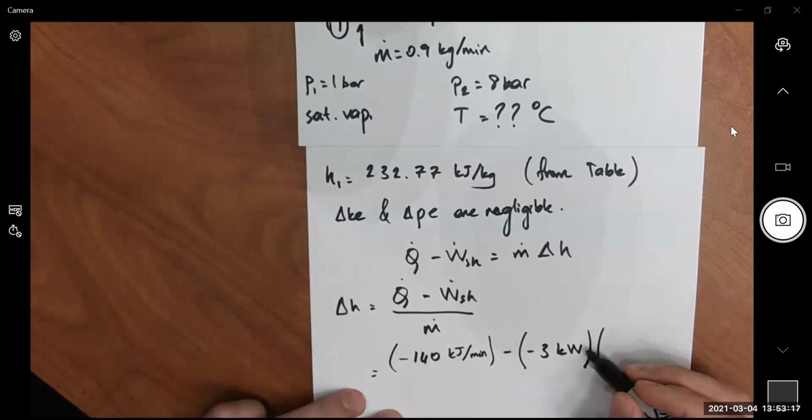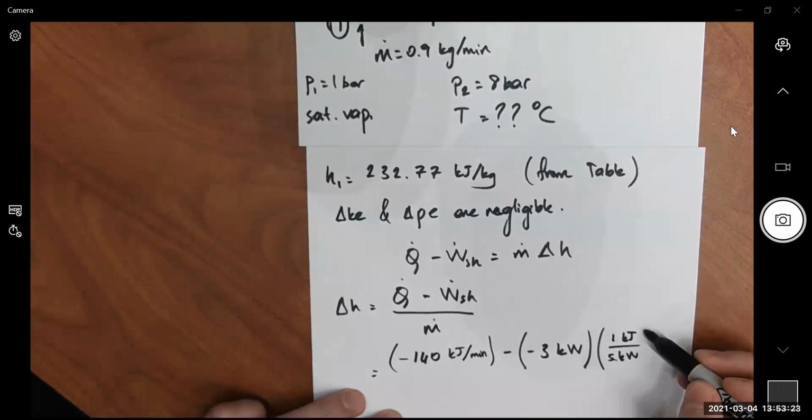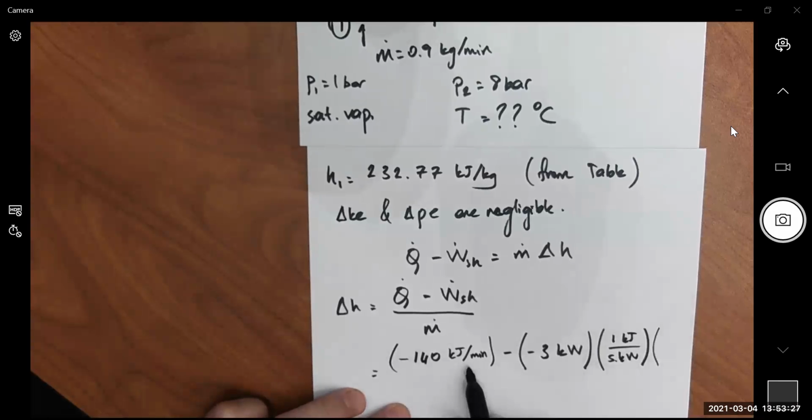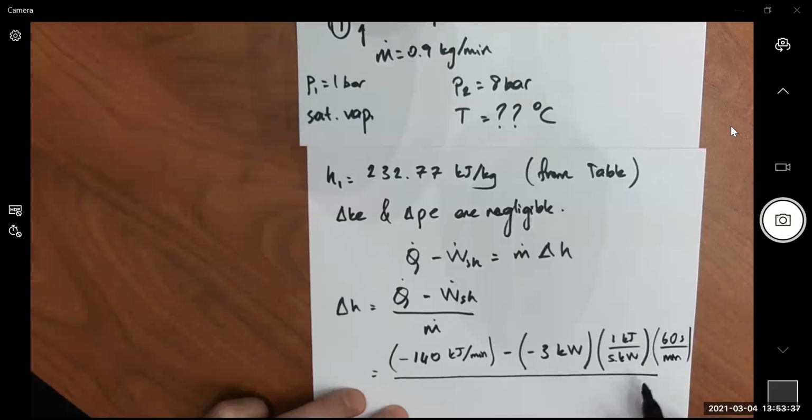I need to convert this to kilojoules per minute. 1 kilojoule per second is a kilowatt, right? And 60 seconds per minute. Divided by the mass flow rate, 0.9 kilogram per minute.